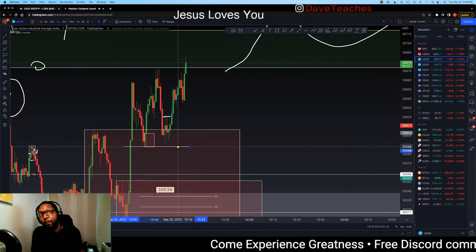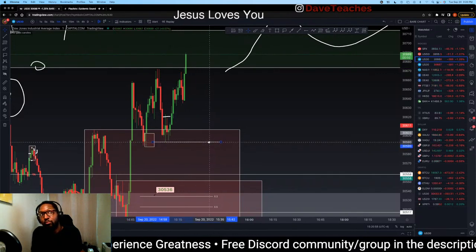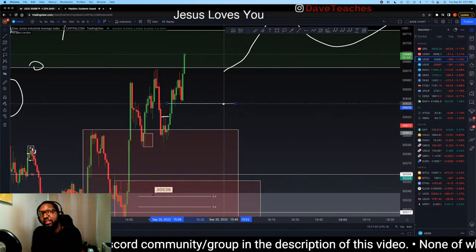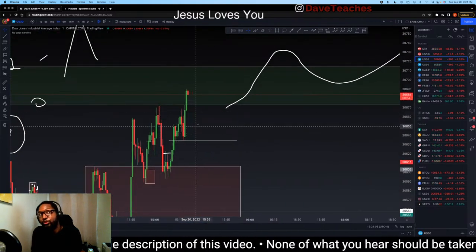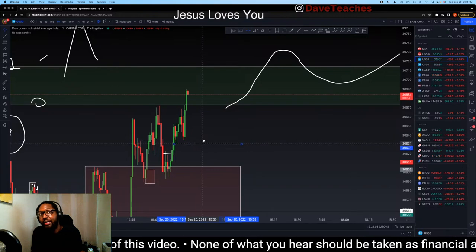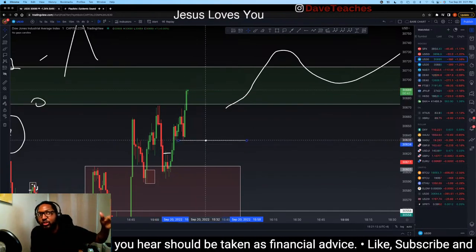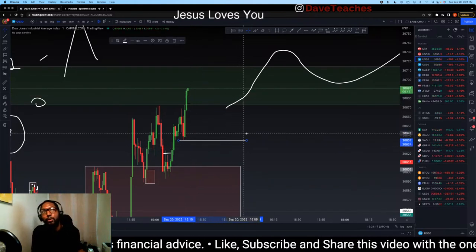So look, we have this low here, this low here, and this low here. This is how we track these lows to understand when we get a violation or a break of structure to the downside, or a CHoCH, or whatever you want to call it. It's all the same thing. You just make sure you trail these lows.